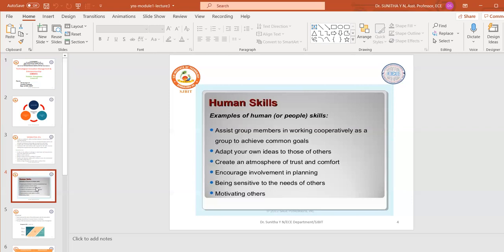Create an atmosphere of trust and comfort. Trust and comfort should be there. The people around you should feel comfortable and they should trust you. So we have to create that environment. That is what we call a human skill. Encourage involvement in planning, whether they are your co-workers or subordinates.